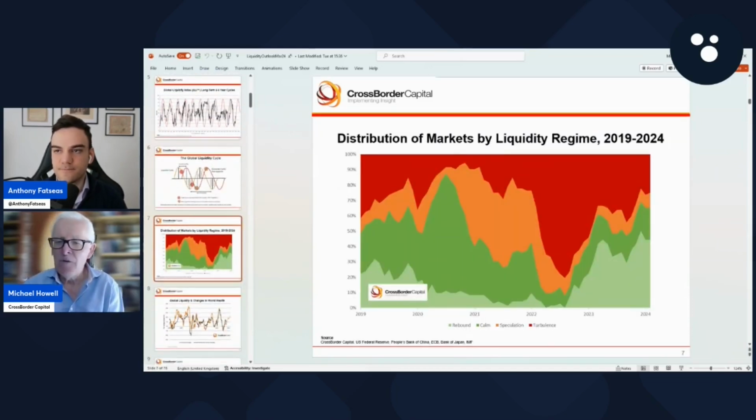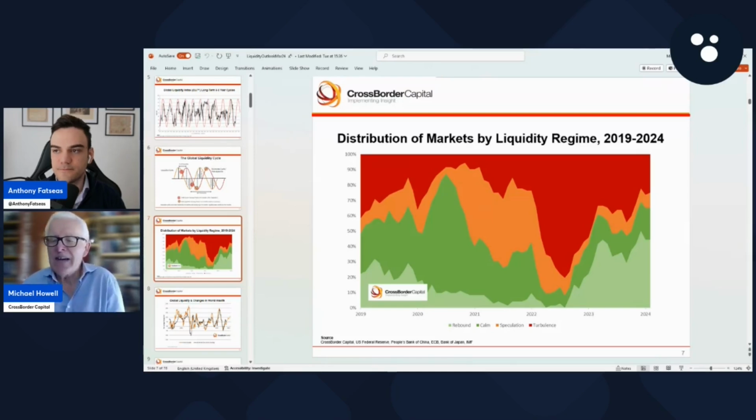And we're basically in the phase now where we're coming to the end of the rebound phase and moving into calm. Now, this diagram that you can see, the following one, the area diagram with the red, orange, and green colors, is basically saying this is the world. What percentage of markets or economies worldwide are in each particular investment zone?